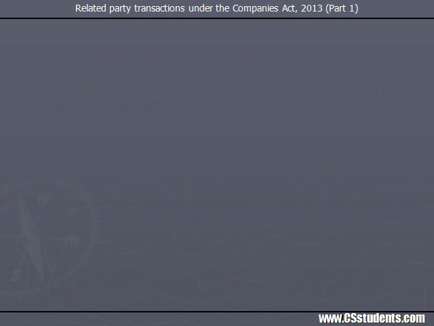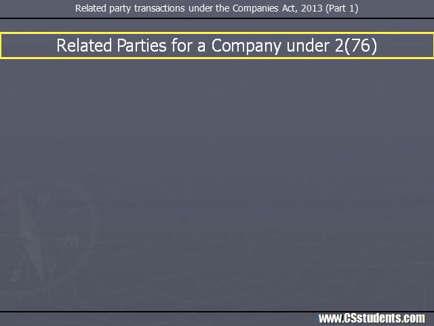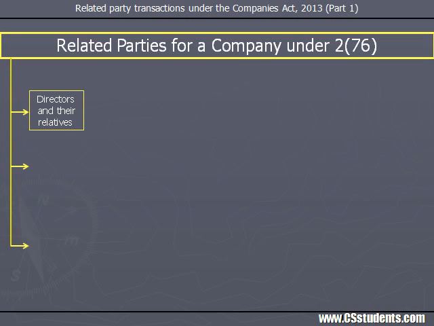So, let's start with the definition. Section 2 subsection 76 provides the definition of related party. As per the definition, with respect to a company, its directors and relatives of directors are related parties. Then, the company's key managerial personnel and their relatives are related parties.